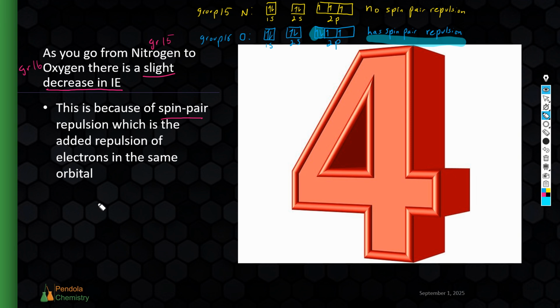And so spin pair repulsion is what causes the trend exception that we have between groups 15 and 16 on the periodic table between nitrogen and oxygen. And you should be able to explain this in an AS exam using the word either spin pair repulsion or electron pair repulsion or electron spin repulsion, something along those lines.